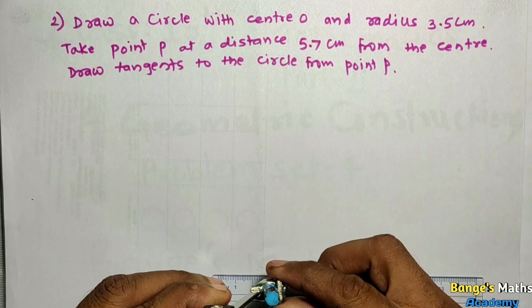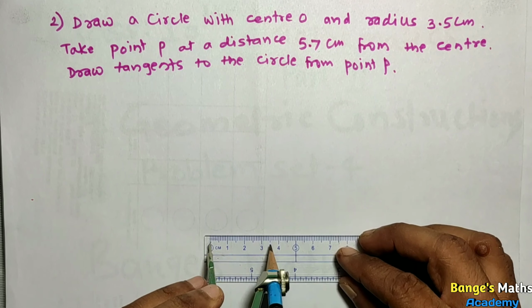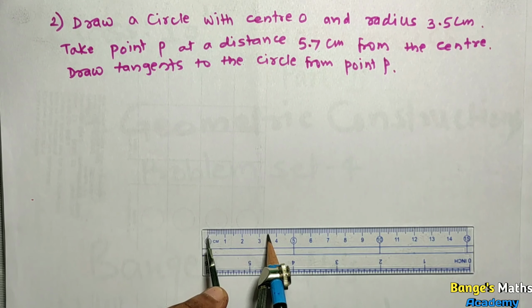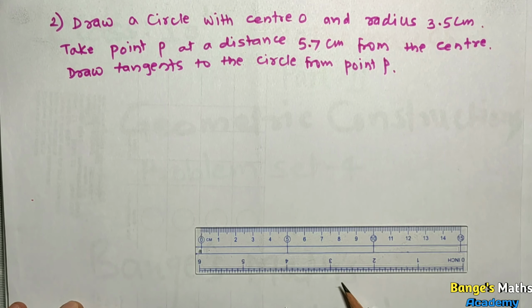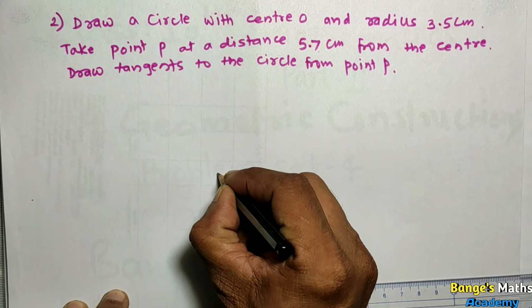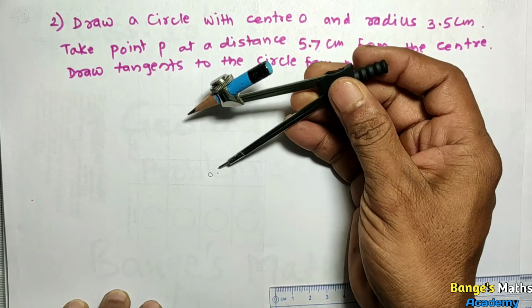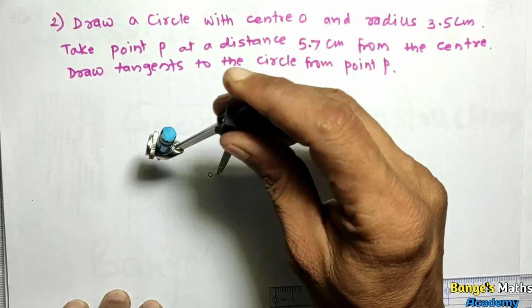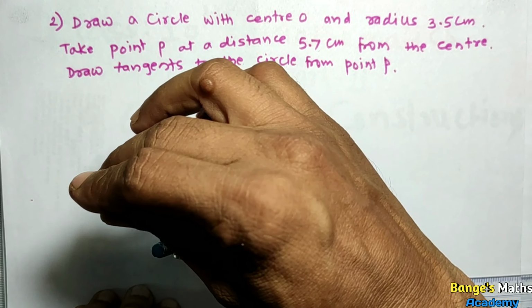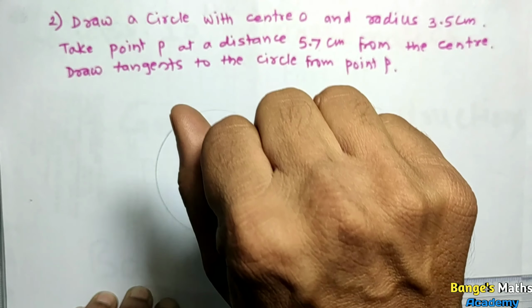So in compass, take 3.5 cm distance. And center of the circle is O. Put still point of compass on point O and draw a circle with radius 3.5 cm.